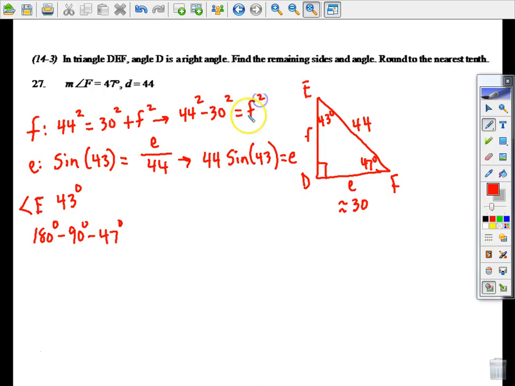That equals F squared. And to find F, we need to take the square root of that number. Let's see what that is. We get 32.186, but since we're rounding to the nearest tenth, we're going to say 32.2.